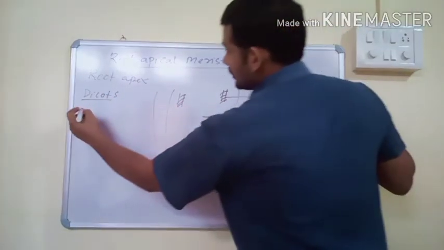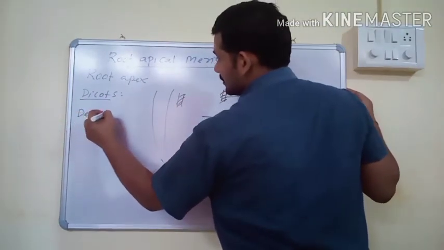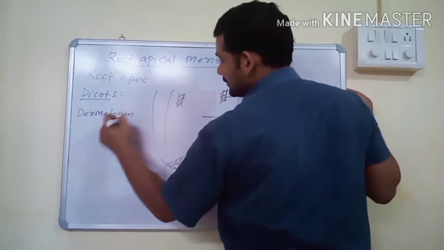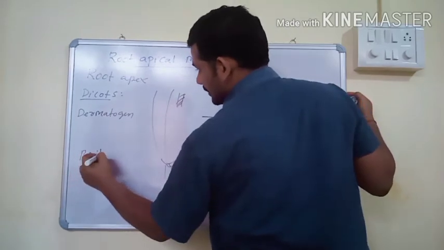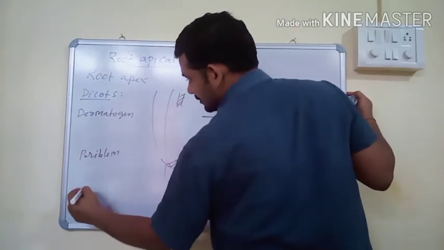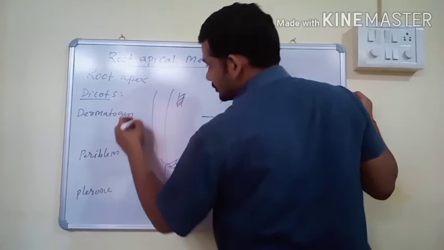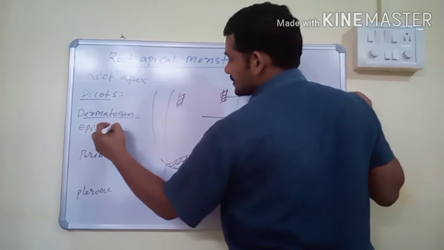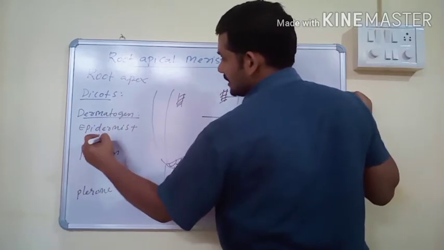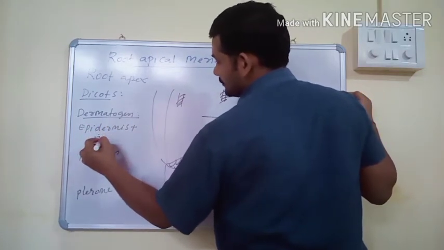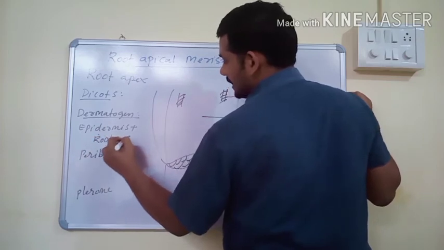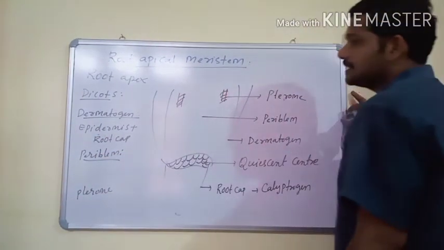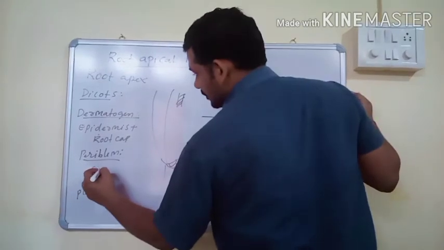In dicots, it has only dermatogen, periblem and plerome. So dermatogen later gives rise to epidermis and root cap. And periblem later gives rise to the entire cortex region.